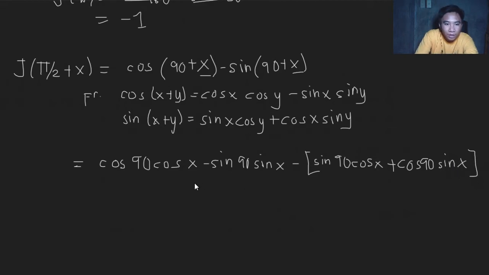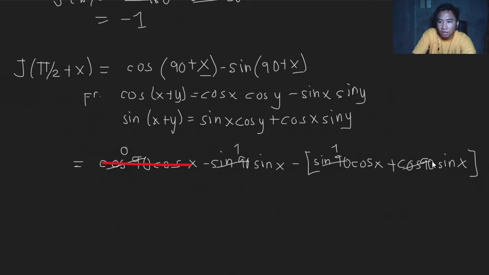So, by simplification, ano na yung value ng cosine 90 natin? It is 0. Kapag 0 ito, so itong buong to, mag-0 na rin. And then, sin 90 is 1.